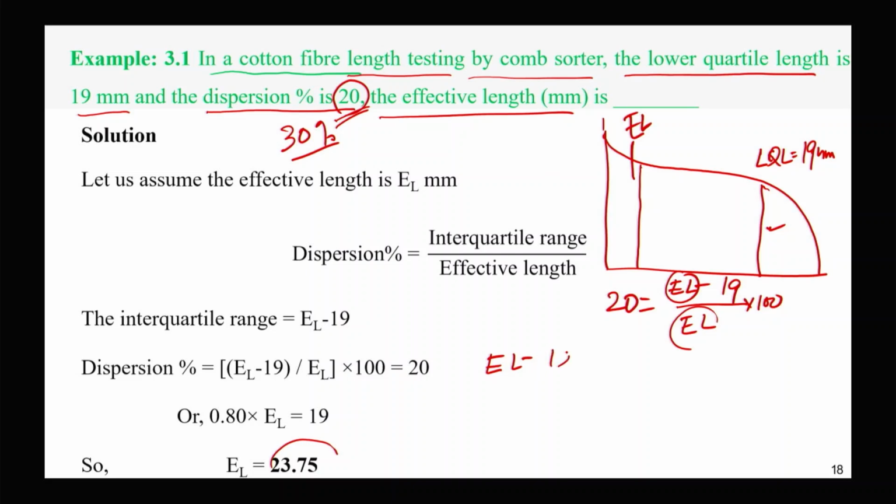Effective length minus 19 by effective length equals 30%. So 0.70 effective length equals 19.